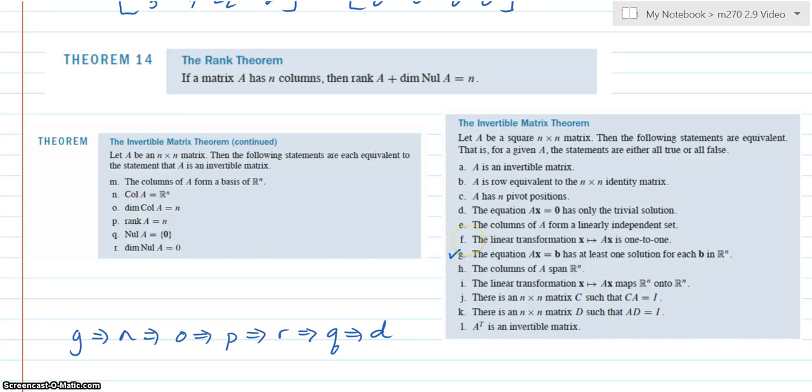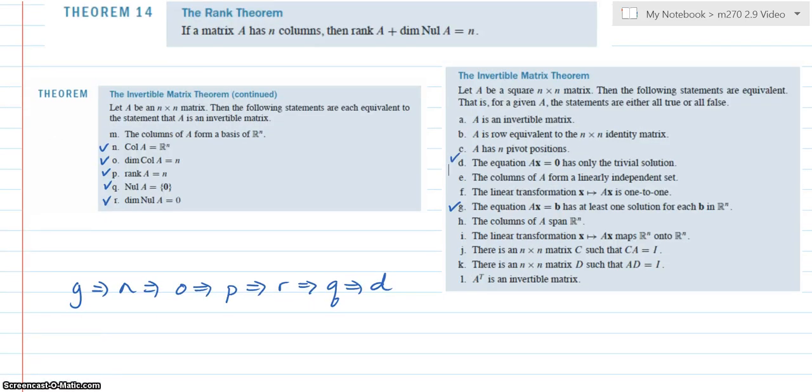Here's G implies N implies O, then P implies R, then go to Q, and then we're going to go to D. And then we'll have everything. Oh, except for M. M is on its own.